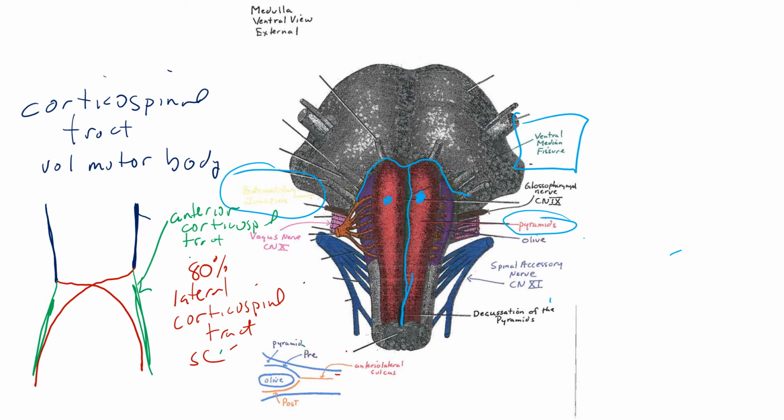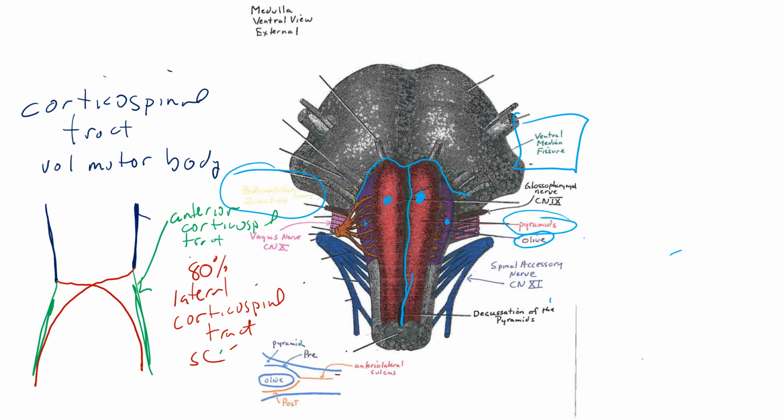Then just lateral to the pyramids, we are going to see two raised areas. And these two raised areas, shown in purple, are going to be the olives. Now, the olives are going to have a series of names depending on the author. You may see them as the olivary complex. You may see them as the inferior olives. You may see them just as the olive.